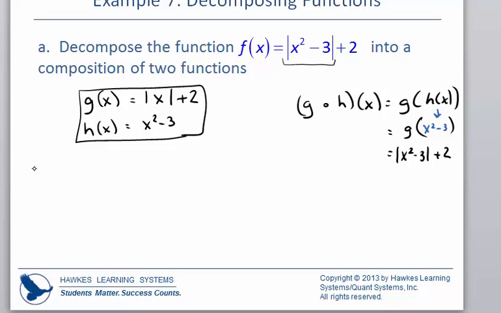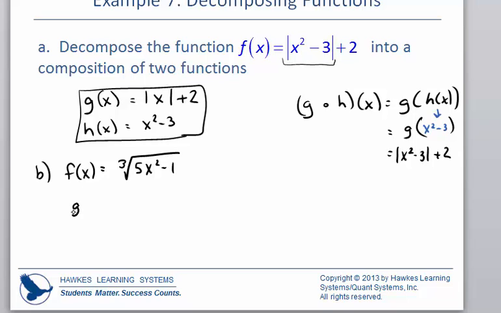Let's try one more. Let's say that our function f that we want to decompose looks like the cubed root of 5x squared minus 1. So again, look at your problem and try to determine which basic function your new function is built off of. And so the one that I see first off is the cubed root function.